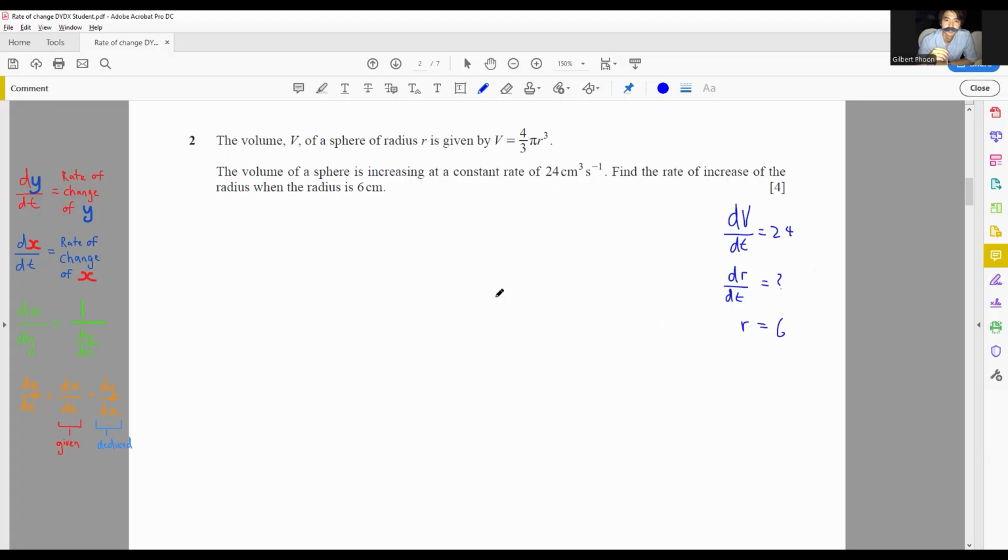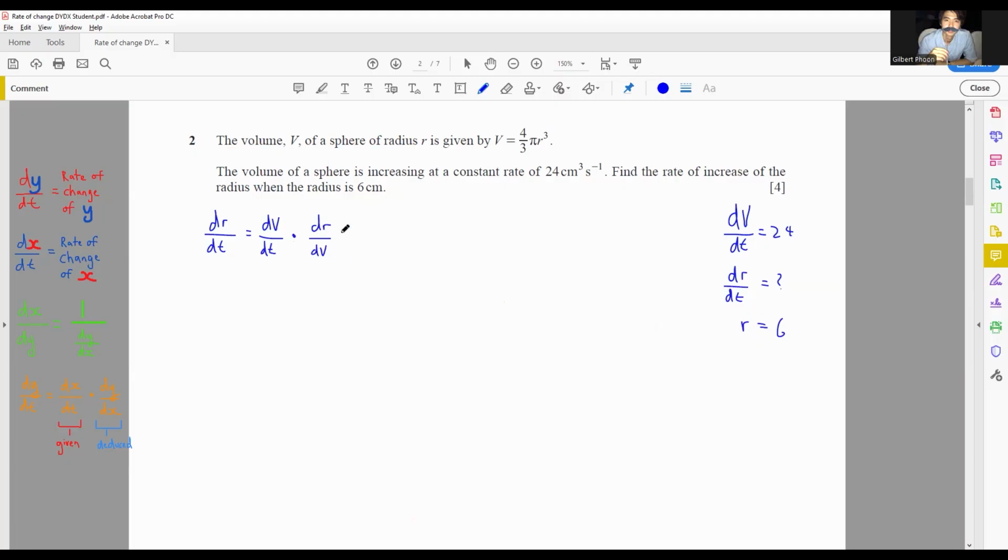So now let's form our equation. What I'm looking for is dr over dt. Then it is always going to multiply something that I'm given, so it equals dV over dt multiplied by what? You need dr on top, and you need to get rid of the dV over here.